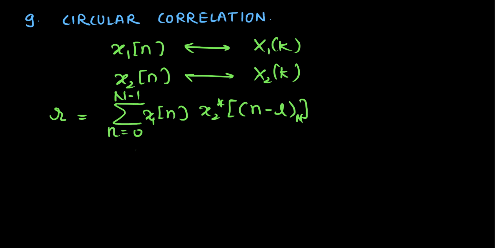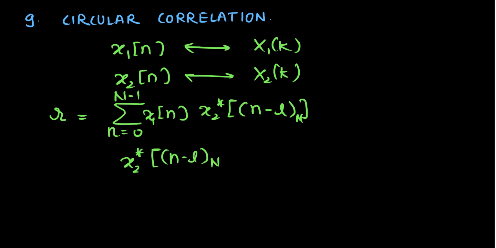Now we know that x1 of n has the DFT X1 of k. Let us consider this factor here, x2 conjugate of (n minus L) modulo N, and we know that this is a circular shift.